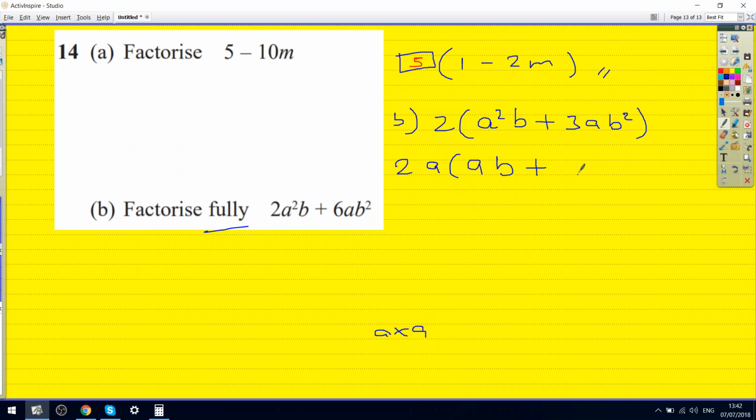So AB plus 6AB. No, 3AB. You took out an A. Oh, 3B. You didn't take out any B's though. 3B squared, because you didn't take out any B's. And now finally, let's take out 1B as well, because we can.